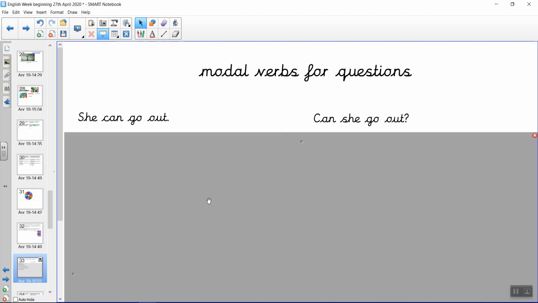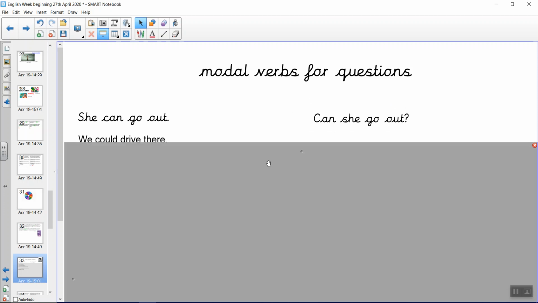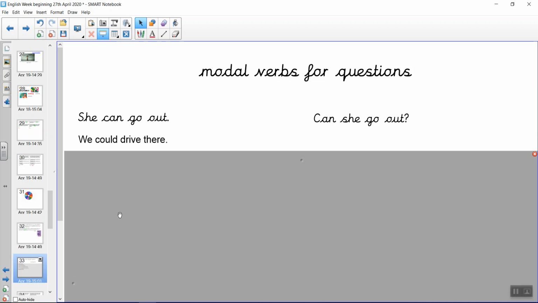I've changed the sentence "she can go out" to "can she go out?" Under the screen shade, there are some sentences with modal verbs. I want you to read them, pause the video, and write a sentence that's a question, thinking about putting the modal verb to the beginning. Let's do the first one together. We could drive there.